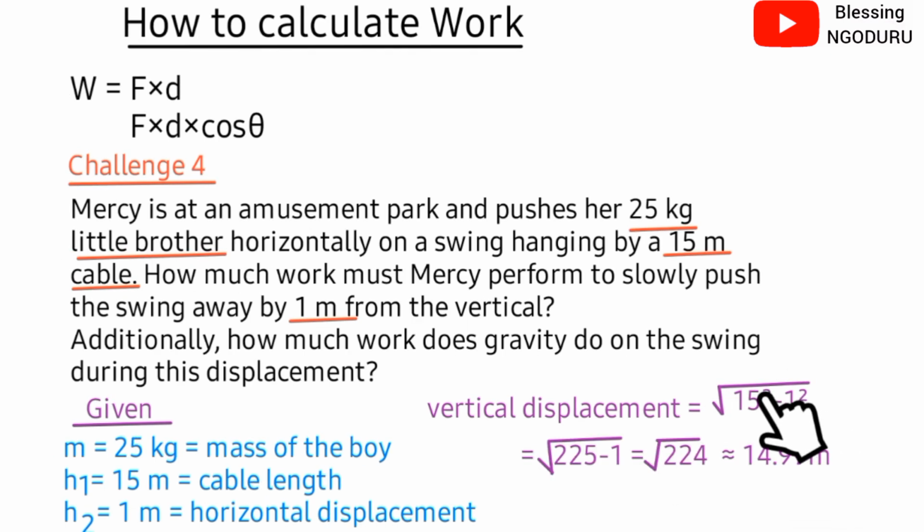The square of 15 is 225 minus the square of 1, which is 1. So 225 minus 1 gives 224. The square root of 224 is approximately 14.97. So the vertical displacement is 14.97 meters. Let's not forget to include acceleration due to gravity g, which the value is 9.8 meters per second square.